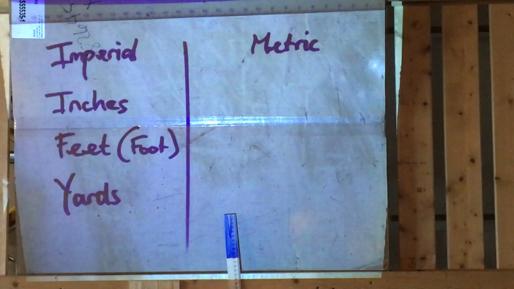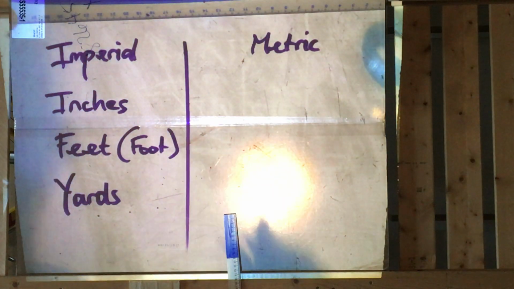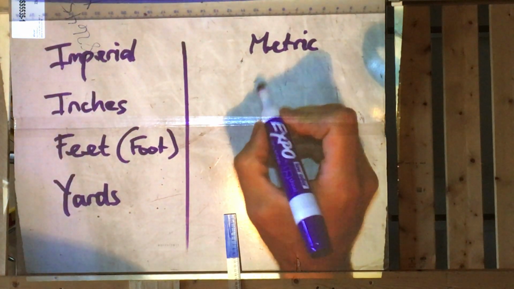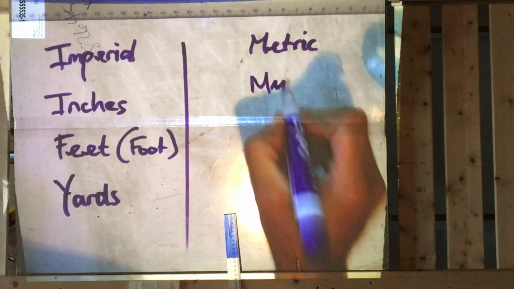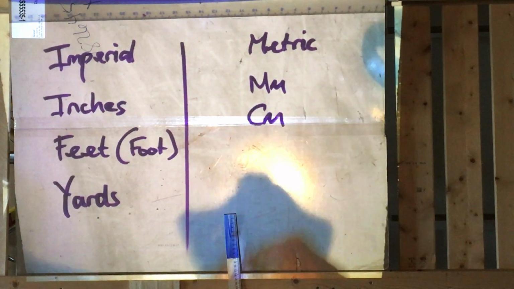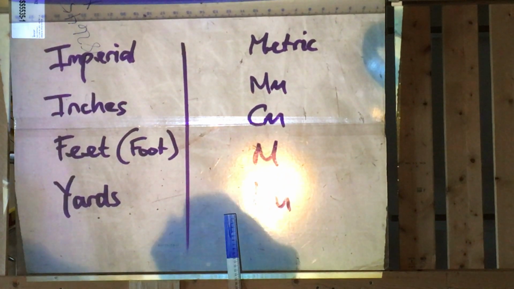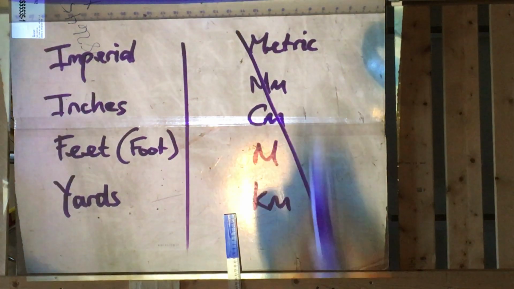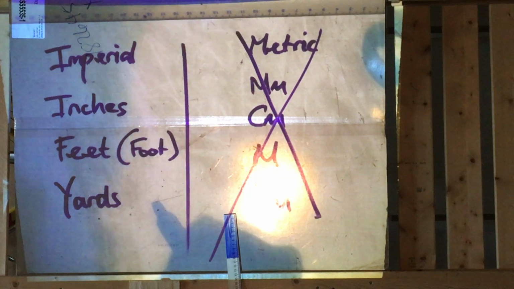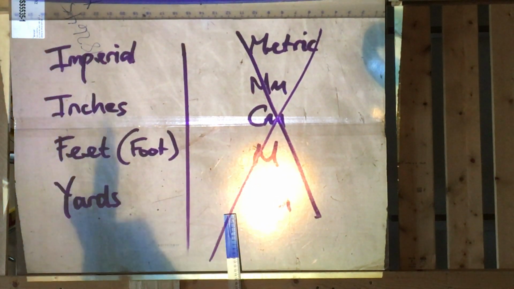Now, the metric system has what we call millimeters, centimeters, meters, and kilometers. Now, I'm going to forget this for now, and we're going to come back to that in a few lessons. So, you need to make sure that you understand.